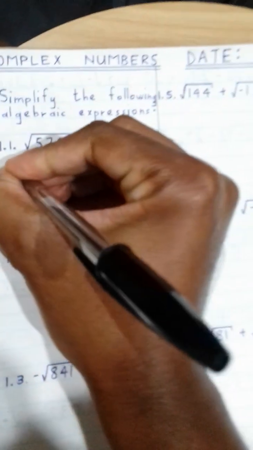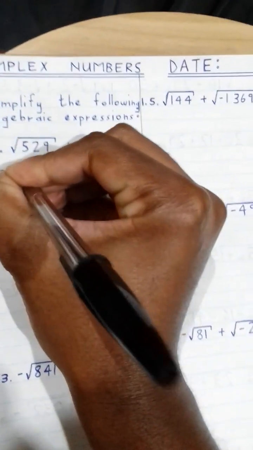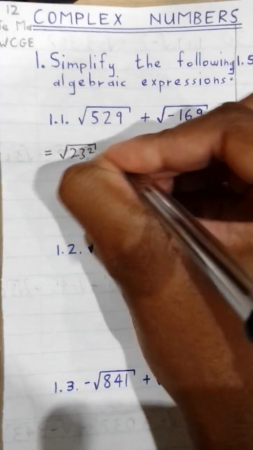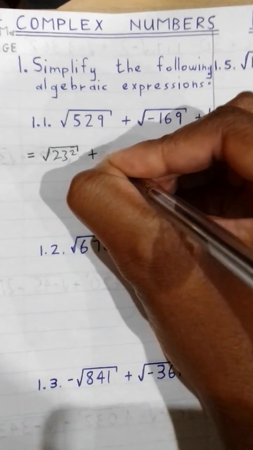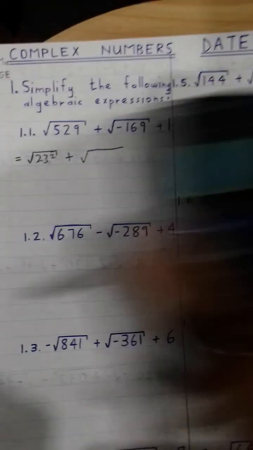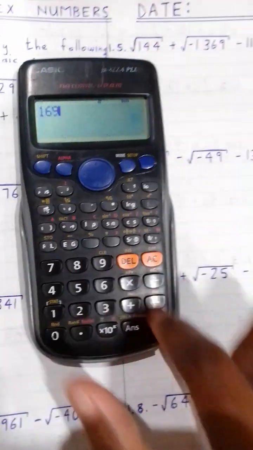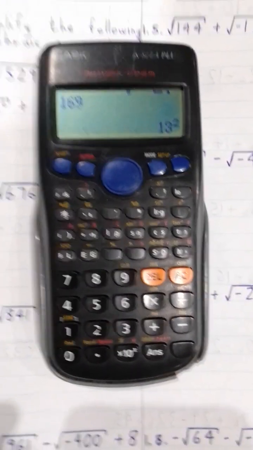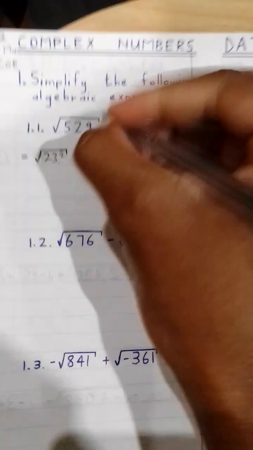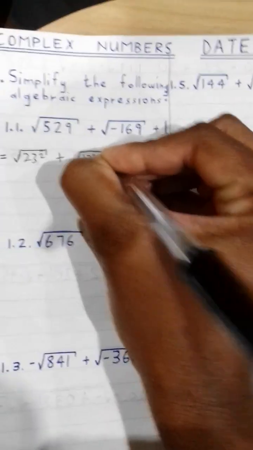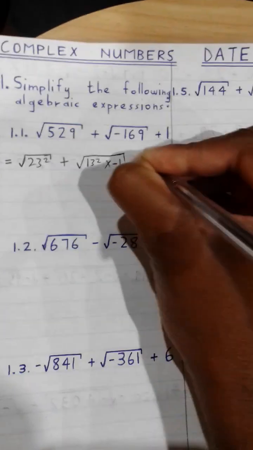So it's going to be the square root of 23 squared, plus the square root of, you take positive 169, 169 is 13 squared, so it's going to be 13 squared times negative 1, plus 1.